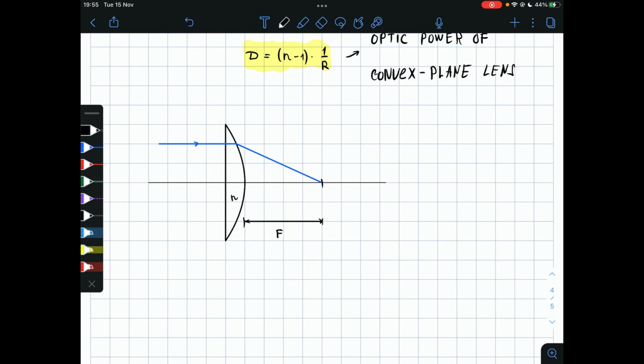Now, because our ray is moving from the medium that has index of refraction n to the vacuum or maybe air, which has index of refraction less than n, our ray will focus in this direction. So this is our direction.